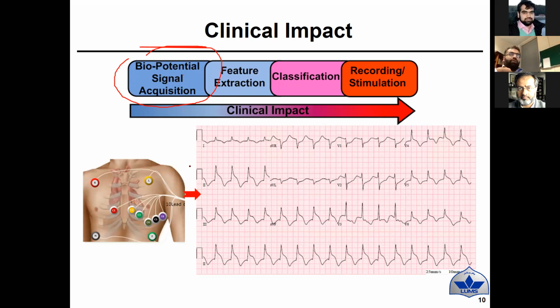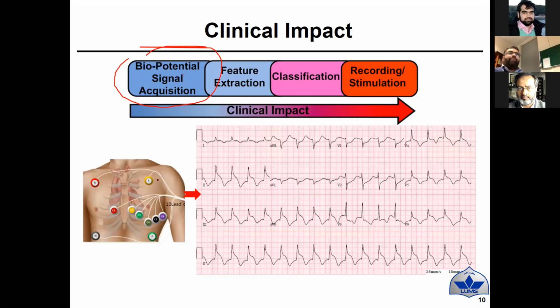We connect electrodes. Electrodes are transducers which convert those action potentials into electrical signals, and we amplify those signals so that we can digitize them. And that process is known as biopotential signal acquisition.